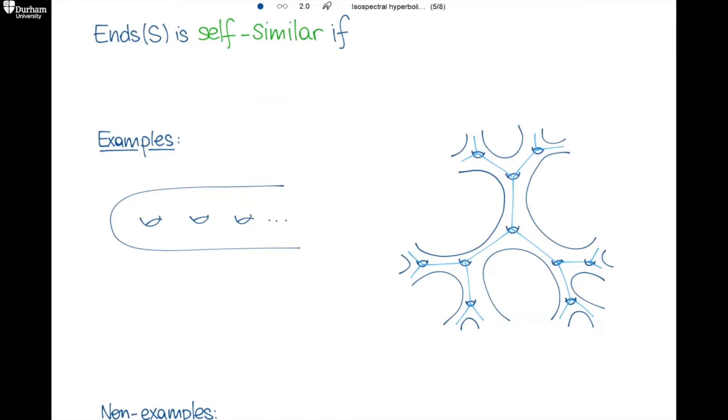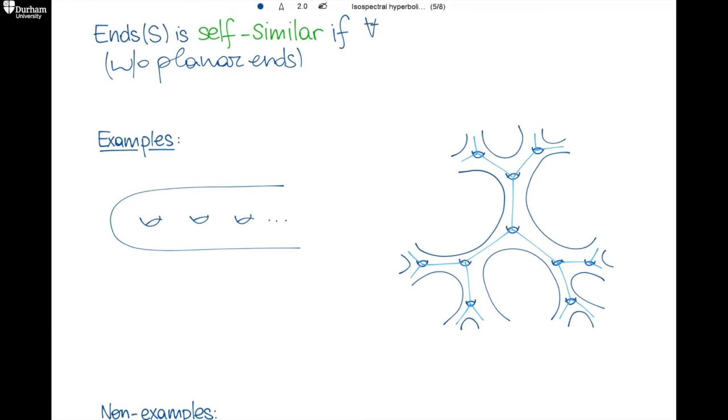It's not super important to know the precise definition. I'm going to give it in the case of surfaces without planar ends, because it gets a bit easier. So I told you that the space of ends is a topological space. Self-similarity is a topological property of that.